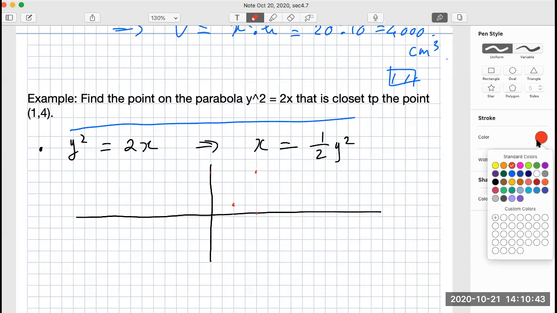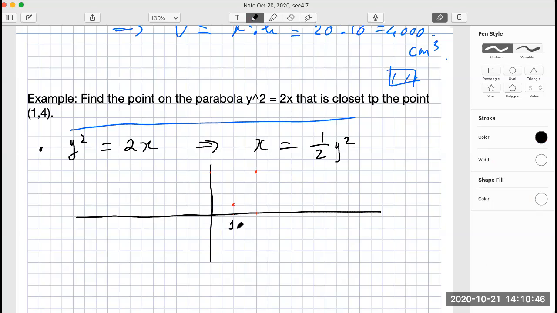If it is 1, 2 here, one here, 2 here. 2 squared. 2, 2. Well, where is the graph here?